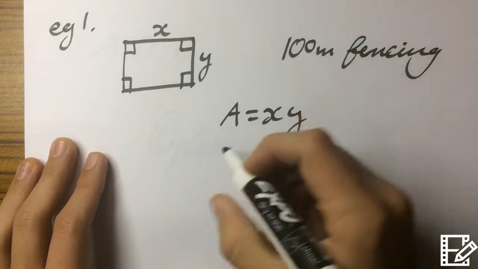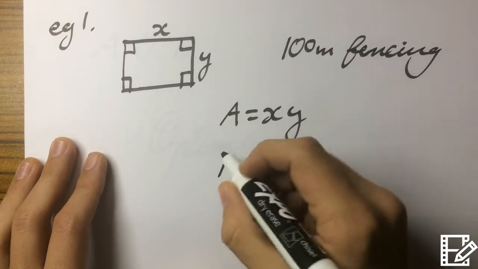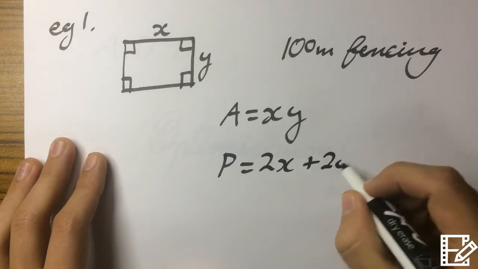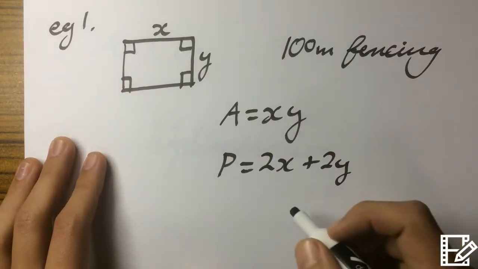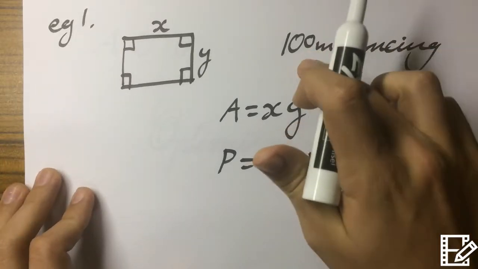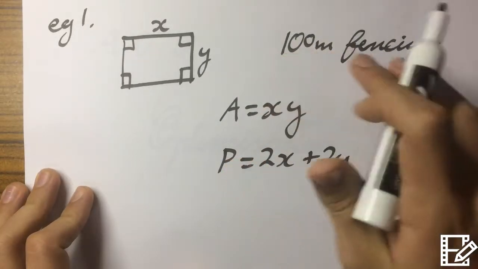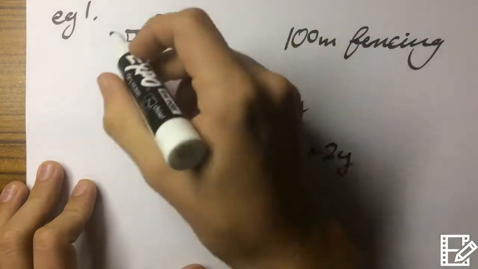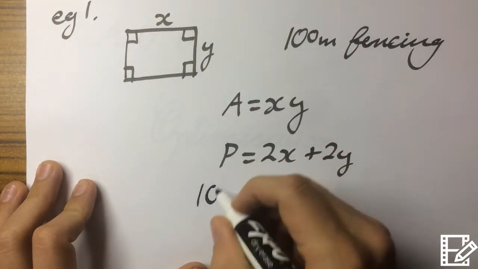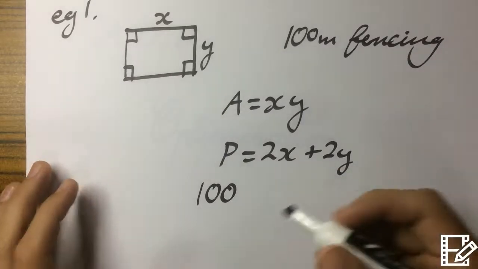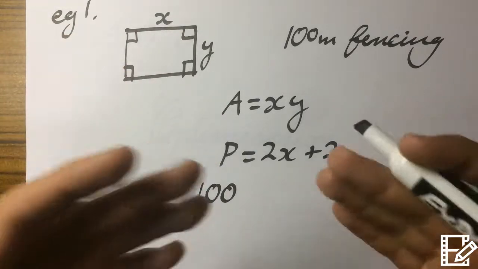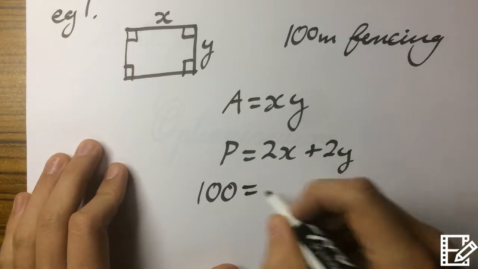Now, the perimeter is equal to 2x plus 2y, because we have 2 y's and 2 x's. And because 100 meters of fencing is our constraint, 100 meters of fencing is the border, the perimeter is the border, therefore perimeter equals 100, because the perimeter is going to be equal to the amount of fencing.